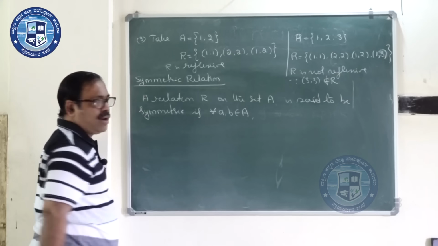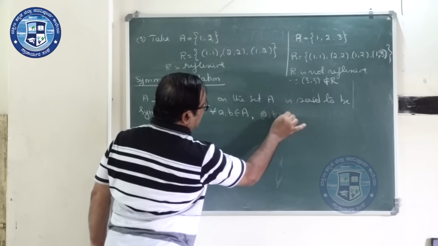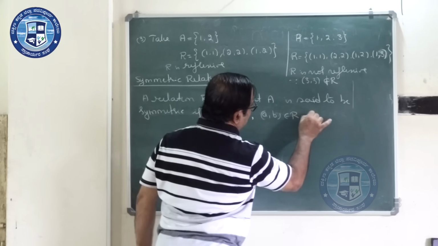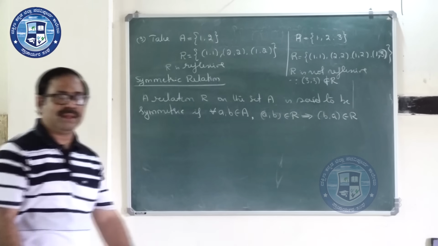For all a, b belongs to A, (a, b) belongs to R means (b, a) belongs to R.